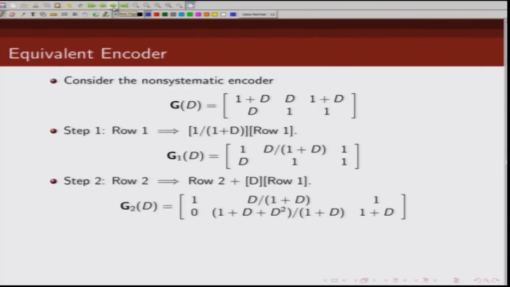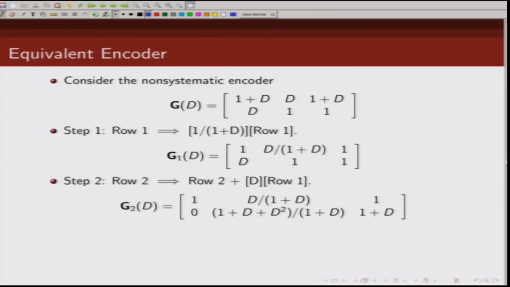Next, we want to get a 0 here. How do we get a 0 here? We do this transformation: row 2 becomes row 2 plus D times row 1. So, the first row is unchanged, but the second row is row 2 plus D times row 1.